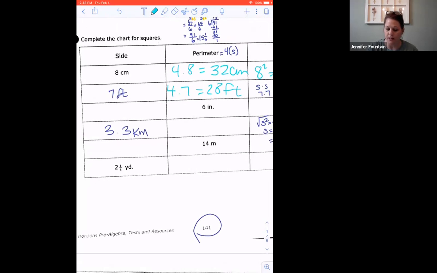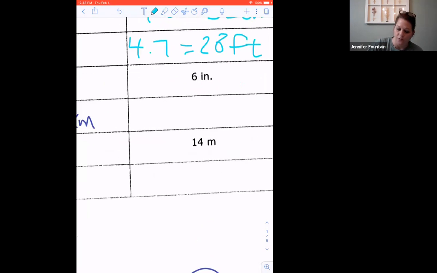All right, now let's think about the next one. My perimeter is equal to 6. In this situation, I say 4 times a side equals 6, so I have to divide both sides by 4.